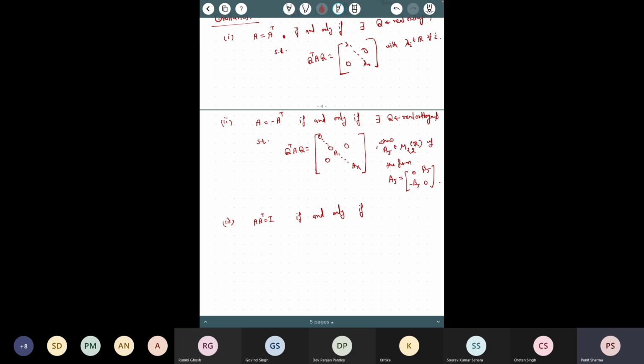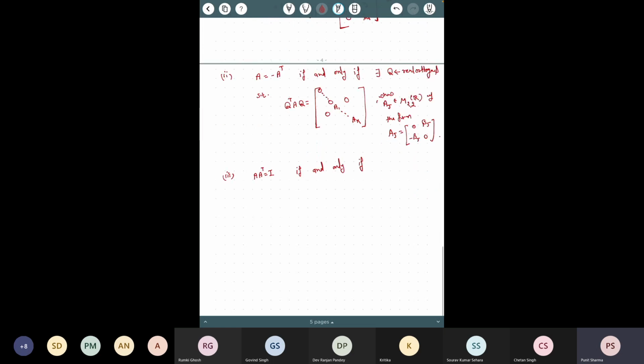Now we have an orthogonal matrix. Now suppose that A satisfies A transpose A equal to identity. Then what are the possible eigenvalues of A? So what are the possible eigenvalues of A? So non-zero. Eigenvalues are non-zero, that is fine.